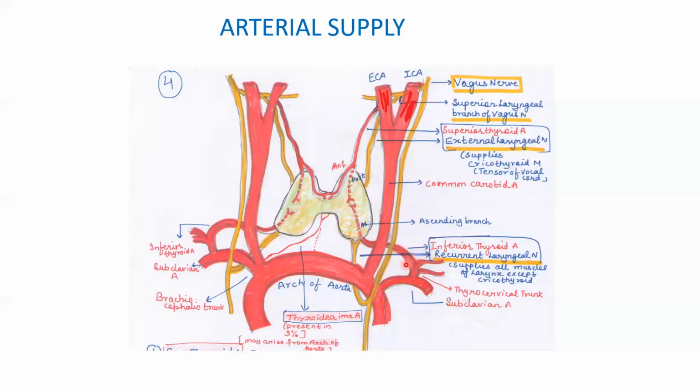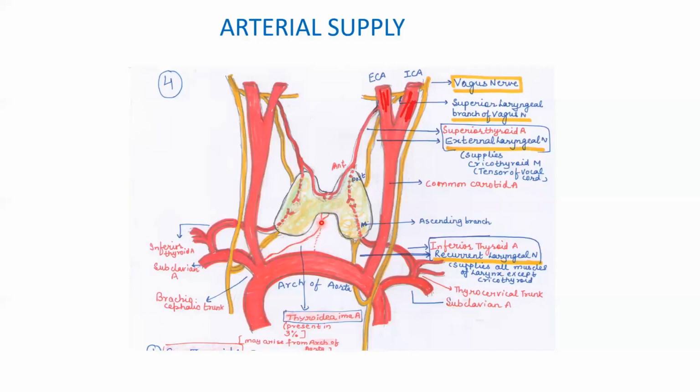So these two facts must be remembered during the thyroidectomy: ligate the superior thyroid artery near the gland and ligate the inferior thyroid artery away from the gland, to avoid injuries to the branches of the vagus nerve. The third artery, which may sometimes be present in 3% of individuals, is the thyroidea ima artery, which may arise from the brachiocephalic trunk or from the arch of the aorta.